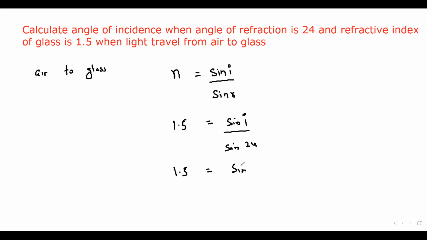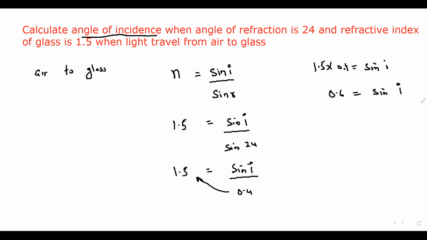So sine I divided by sine 24 was 0.4. It is divided, so on the other side it is multiplied. So 1.5 multiplied by 0.4 equals sine I, which is 0.6. But in the question, we need the angle of incidence, so we need I here.